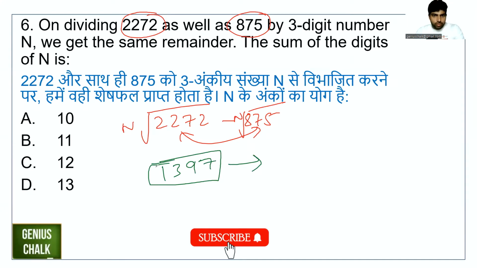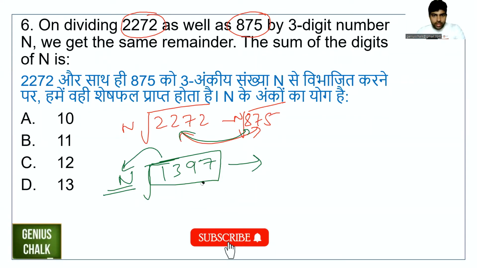Because if we divide this number by that 3-digit number, it will give me a remainder 0. This is the concept, like we did for this 18 multiple. So we have taken the difference, and whenever we divide by this number n, it must be giving me a remainder of 0. Now I need to check what is this n, that means by which number I can divide this 1397. So let's check.